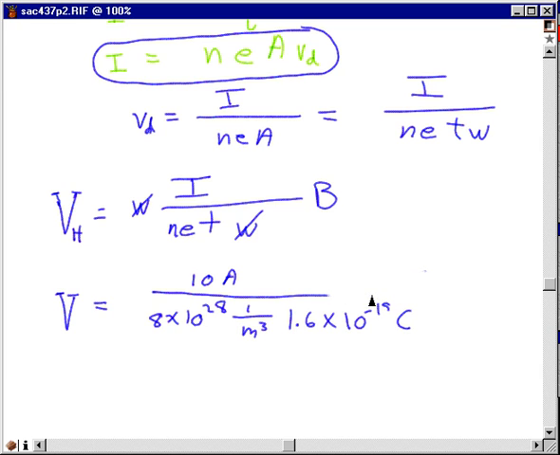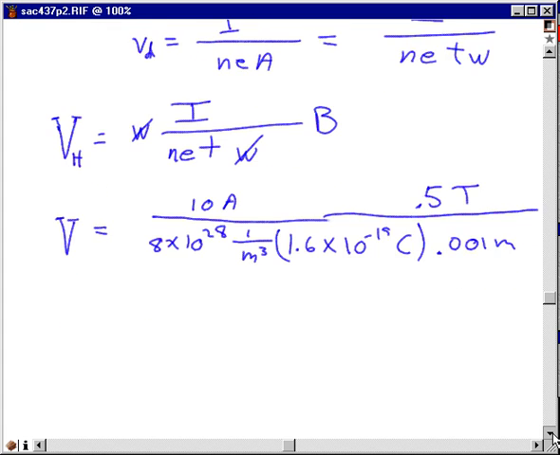Let's work on that denominator some more, times the thickness, which was given as 1 millimeter, 0.001 meters, and then times the B, which is the 0.5 Tesla.